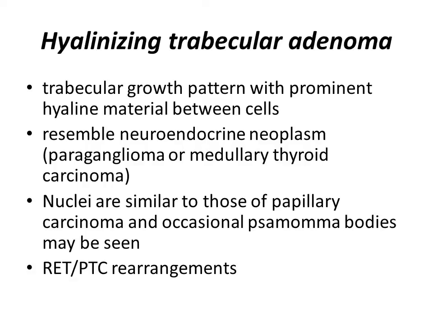This lesion resembles a neuroendocrine neoplasm like a paraganglioma or medullary thyroid carcinoma. The nuclei are similar to those seen in the papillary carcinoma, and occasionally you can see psammoma bodies. There's also a description of RET/PTC rearrangements. It's a benign tumor, but it can be easily confused with malignancy.